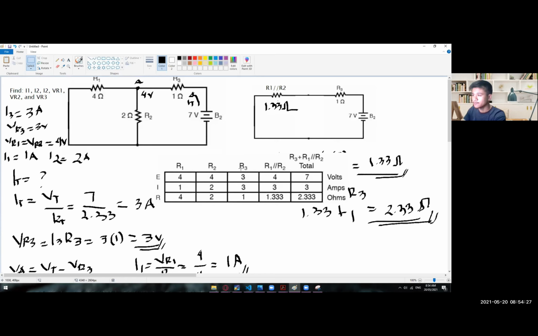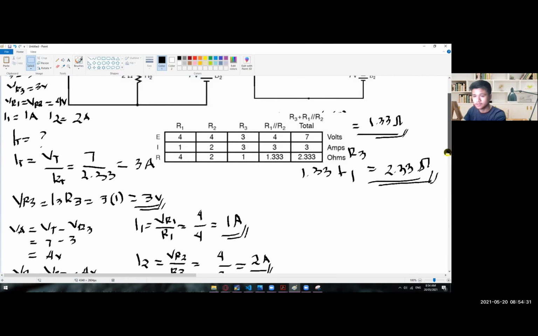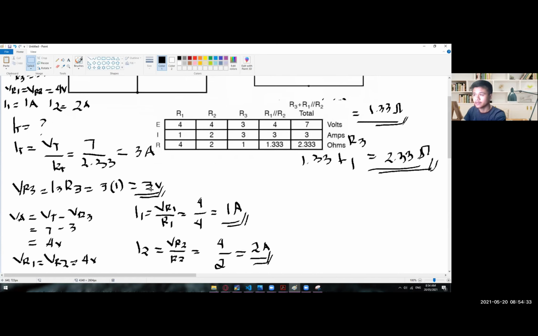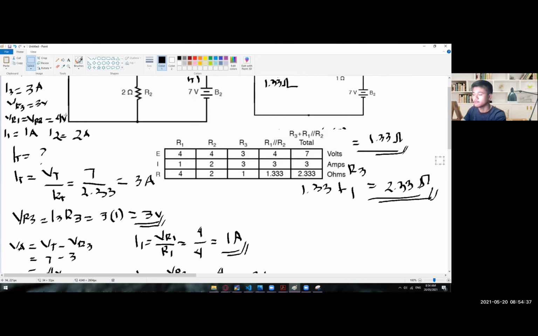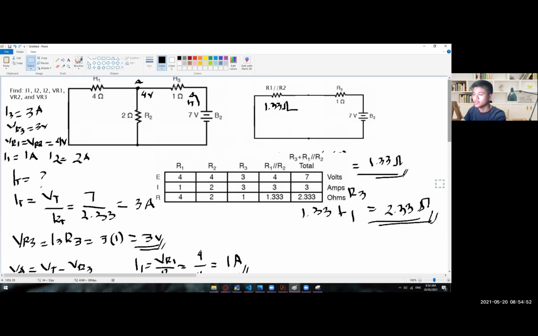And we have here the voltage drop across R3, which is 3 volts. VR3, there you go. And we have here the current on R3, which is 3 amps, and then the resistance, which is 1 ohm.